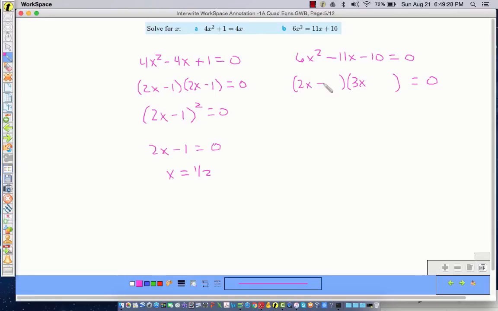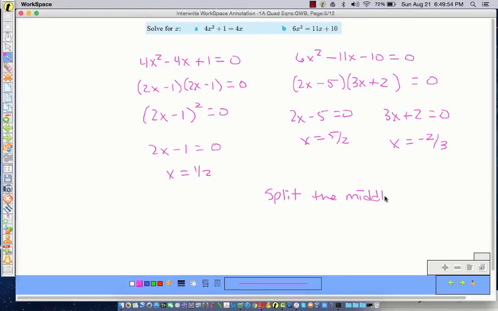This is going to turn out to be minus 5 plus 2, setting them both equal to 0. x equals 5/2. 3x plus 2 equals 0. x equals negative 2/3. Okay. If you need to know about splitting the middle term, you can Google that, or you can ask me, and I can show you real quick.